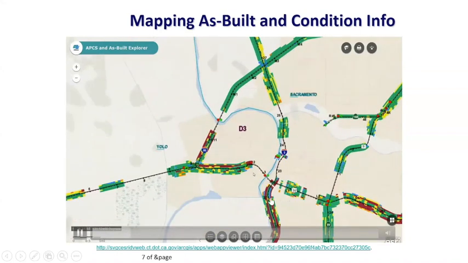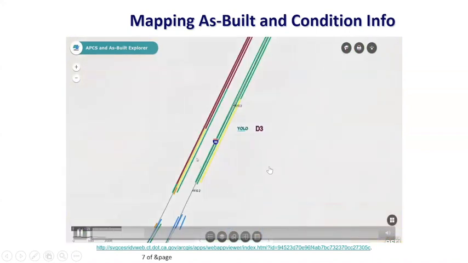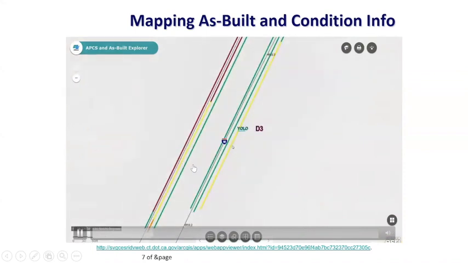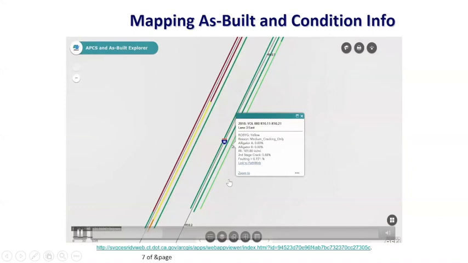And then you can also see, we do have this type of holes out there, right? The hole means a structure, because we only collected pavement information, right? Now you can see the information becomes lane by lane, direction by direction, right? And then based on that, if you click, you do have the project information out there.